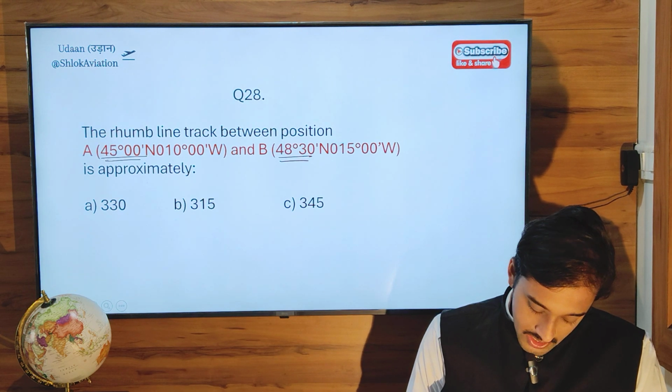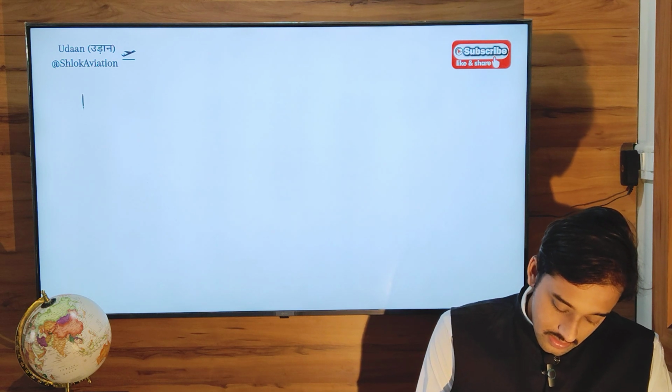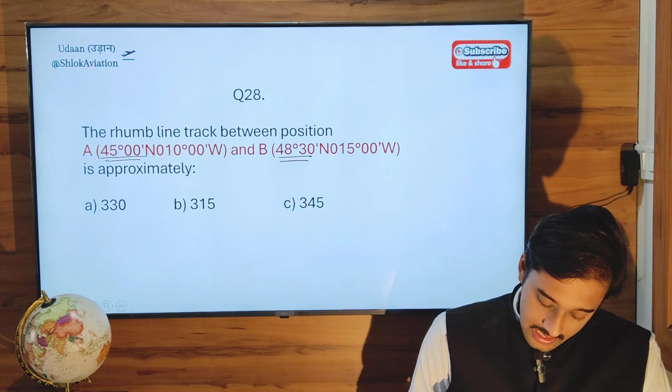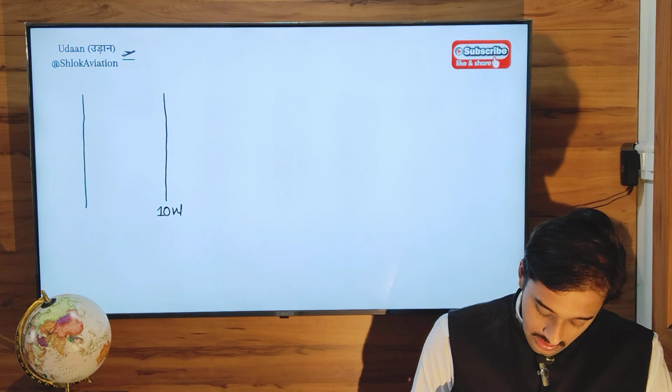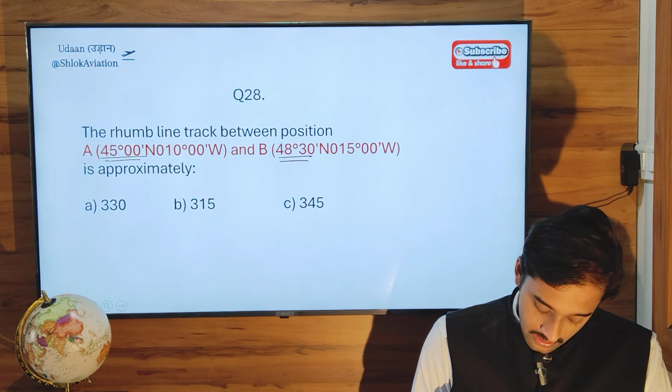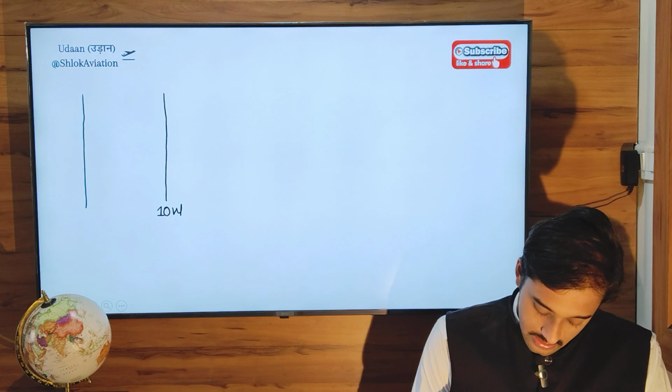So let's draw two longitudes. A is at 10 west, B is at 15 degree west.